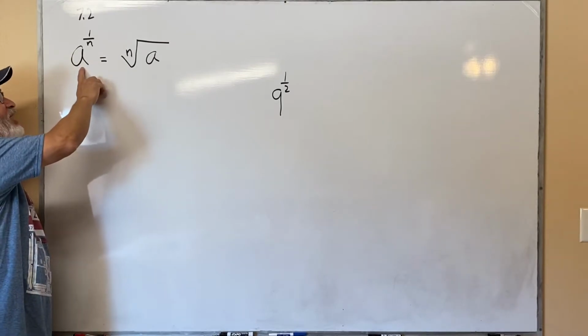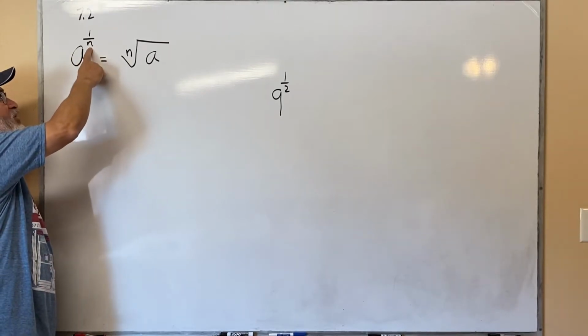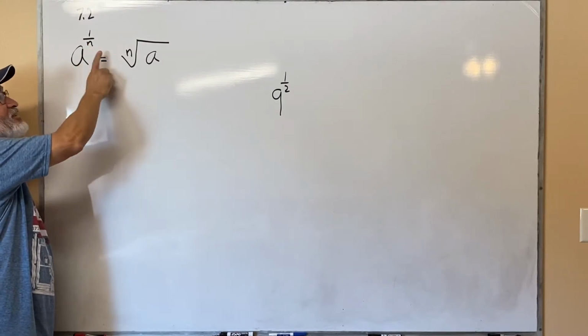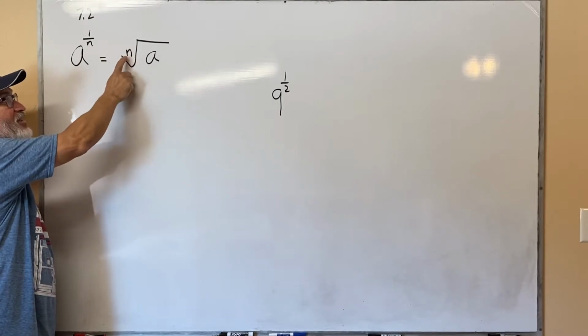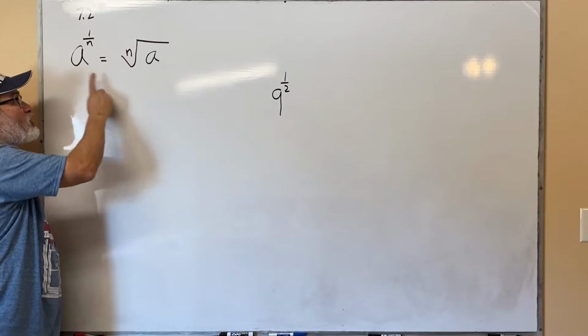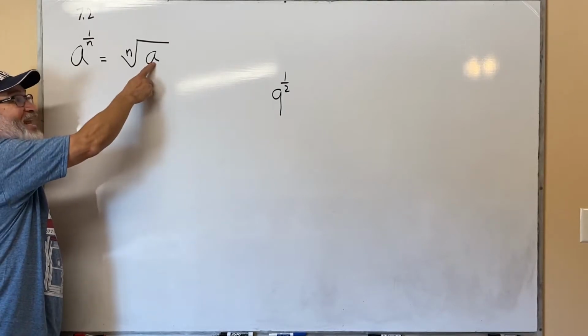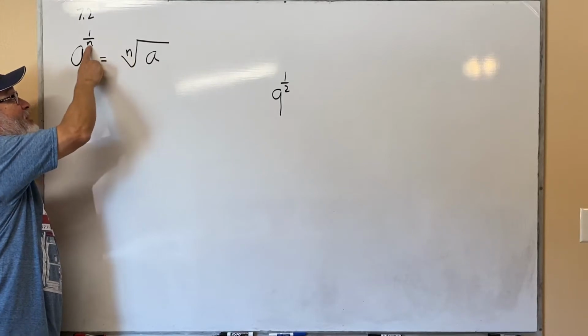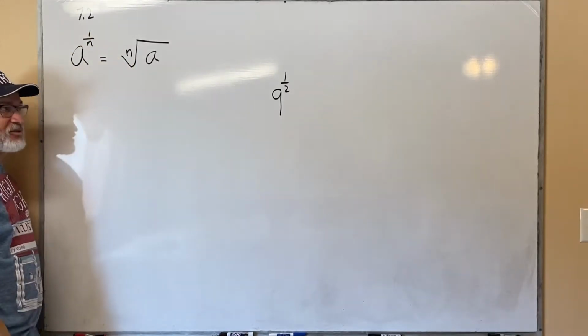Whenever we have a rational exponent, this denominator in the exponent is the index in the radical. The base goes under, it is the radicand, but this index is the denominator in the exponent.